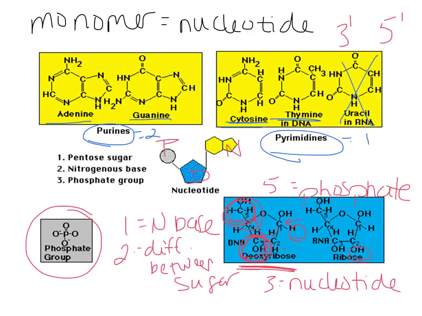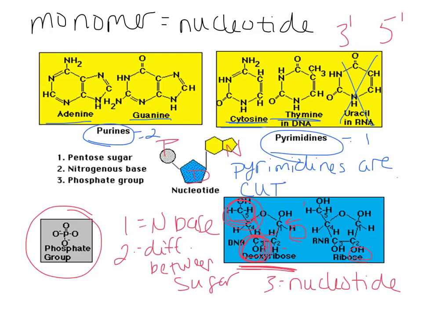Okay, if you guys remember this phrase from your freshman year, to remember your pyrimidines: pyrimidines are cut from purines. And that's not literal. It's not like I took this 2-ring purine and I cut it in half and now I have a pyrimidine. That's not what happens.